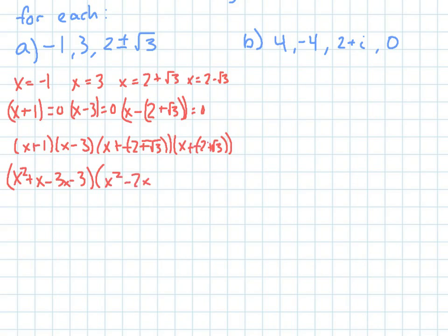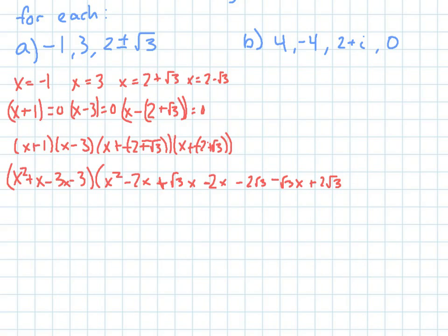negative 2x, positive square root of 3x, then negative 2x and negative square root of 3x, and then you get negative 2 square root of 3, and then negative square root of 3x plus 2 square root of 3.